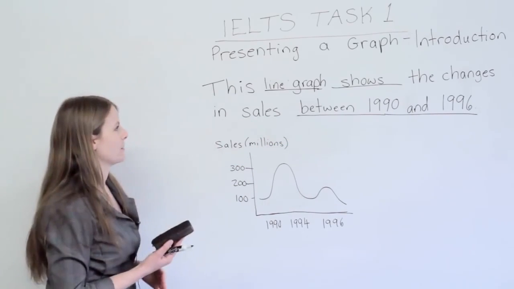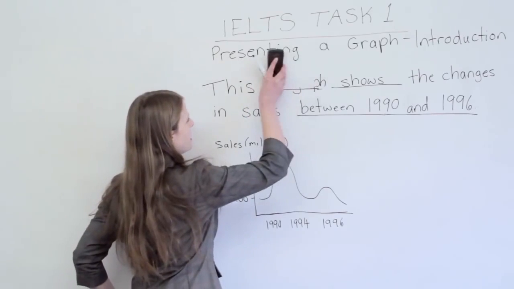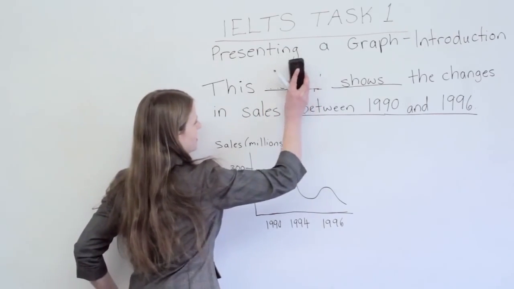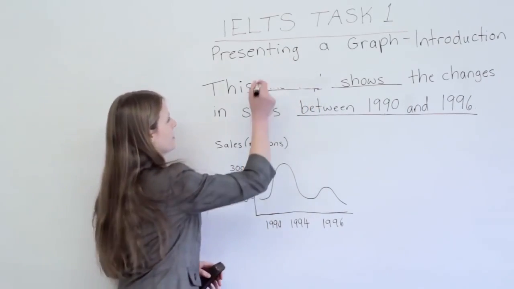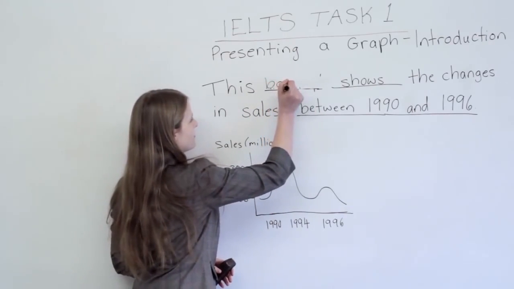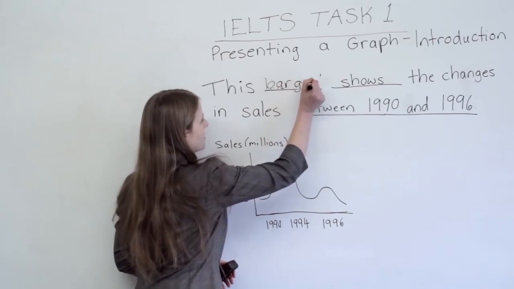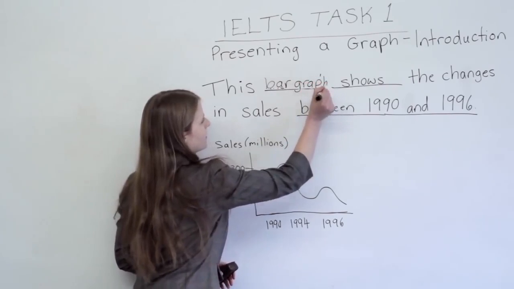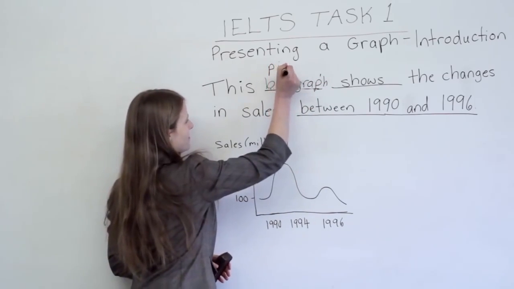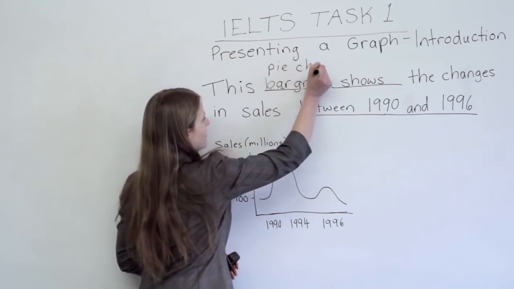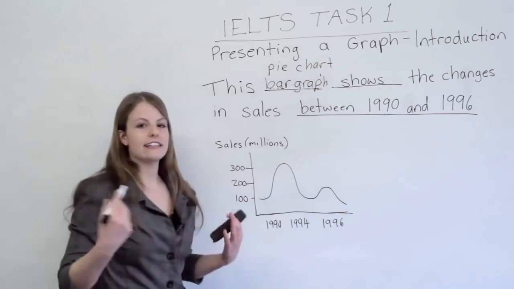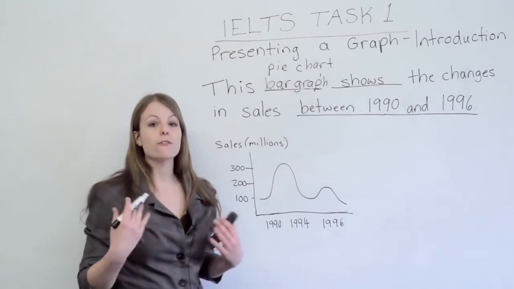So this is just an example. Now if I got a bar graph, just change this word: this bar graph. I could also say this pie chart, this table, this flow chart.